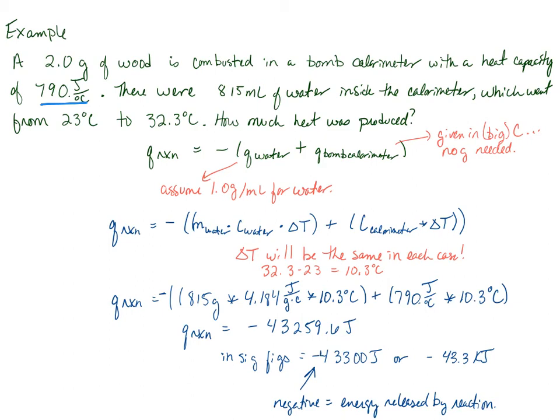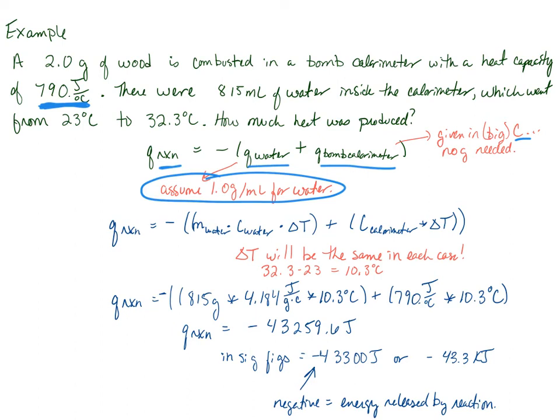Well, the Q of reaction here is going to be the negative value of what's happening in the water. And we can assume that that's 1 gram per milliliter, like I said before. And the heat that is within the bomb calorimeter. Now, this was given to us in the form of big C. Notice over here, we don't have any mass in our units.